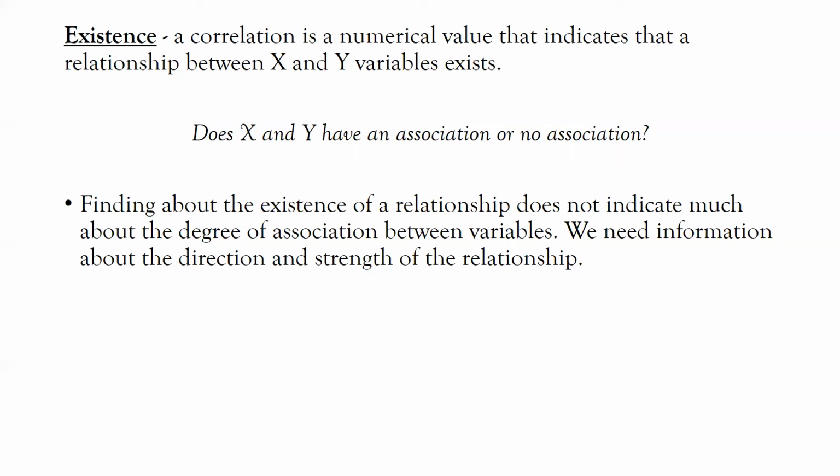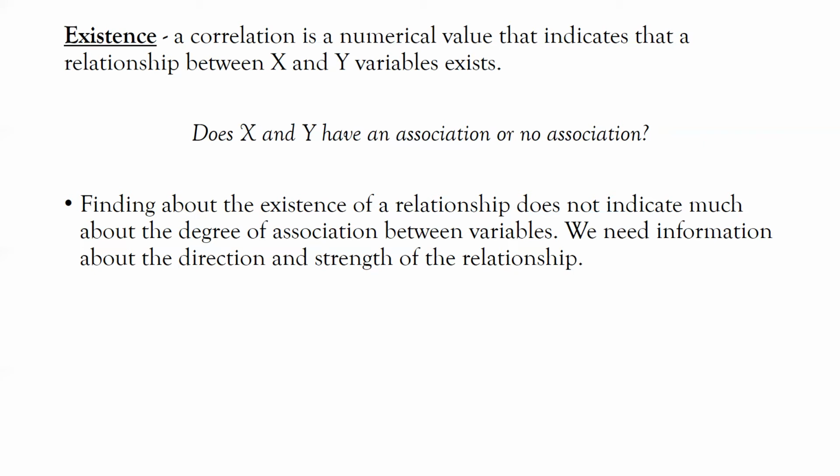To be honest, if you try to correlate certain variables, even the most unlikely pairs of variables, I would bet that you will find some relationship there. You will compute a numerical value for them. Let's say if you correlate height with, I don't know, political preference, you will find some relationship there. But we are not interested in finding existence alone. We want to see the degree of association between variables.